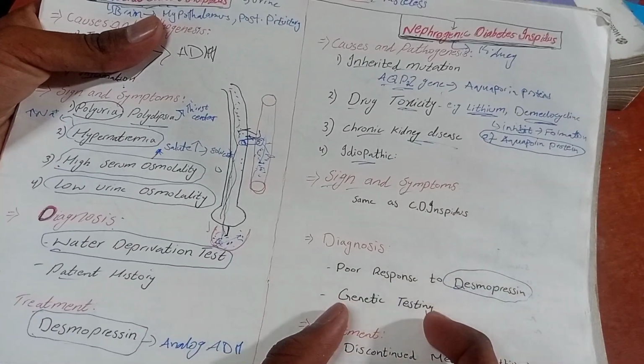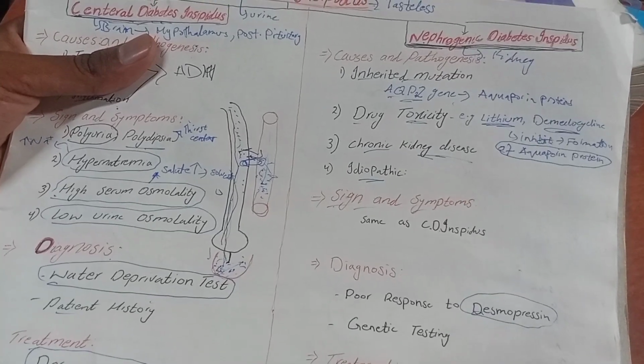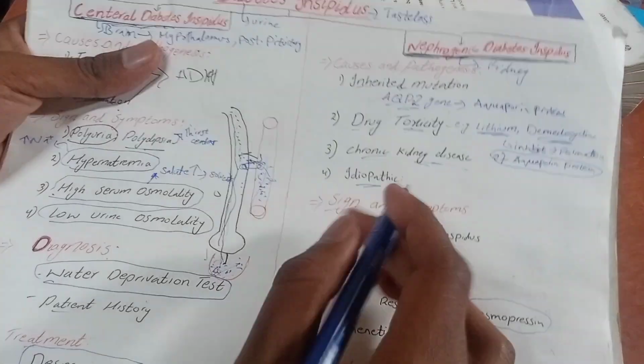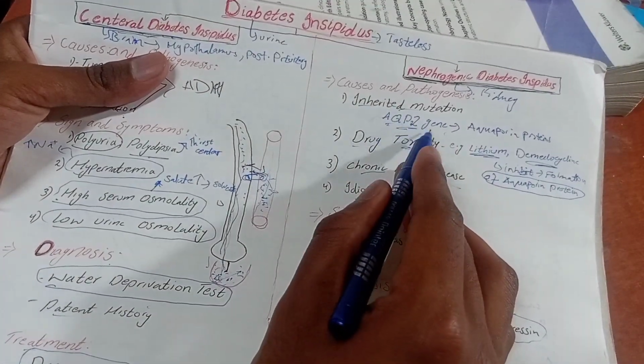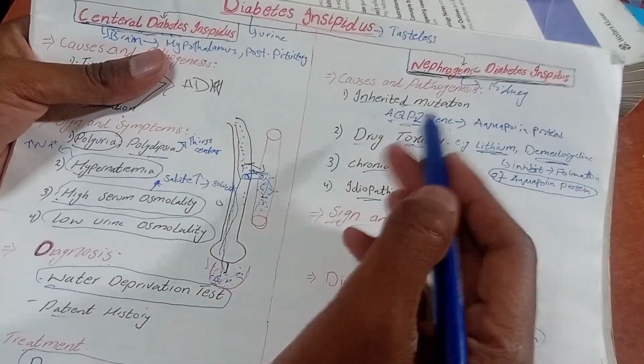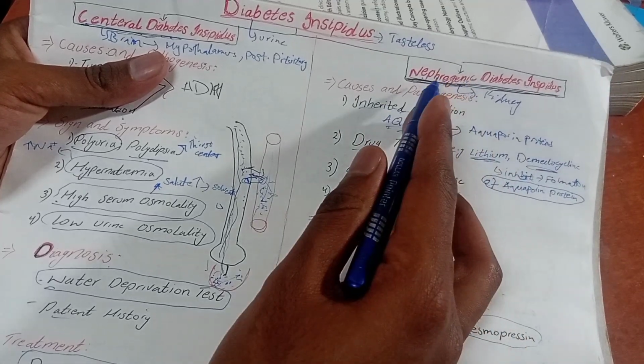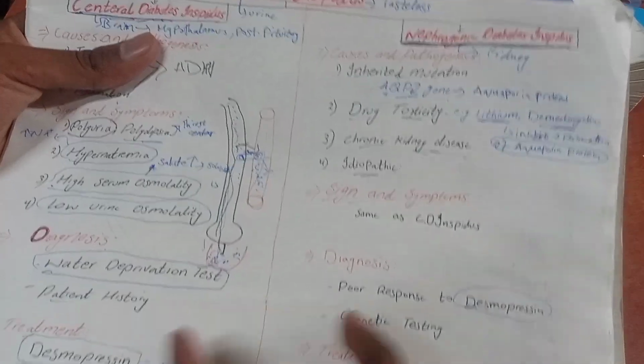Okay, then we can also do genetic testing and check the specific genes, AQP2 and other genes which give instructions for making aquaporin proteins. These genes may cause problems leading to nephrogenic diabetes insipidus. This we can also check.